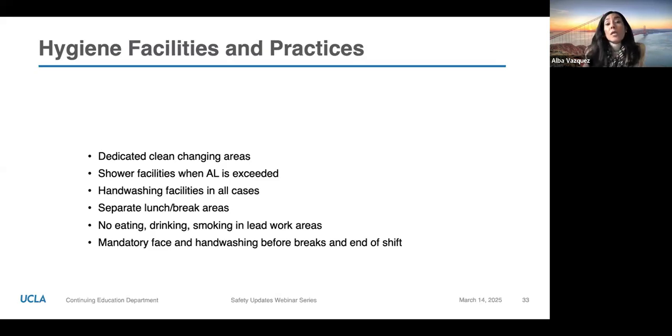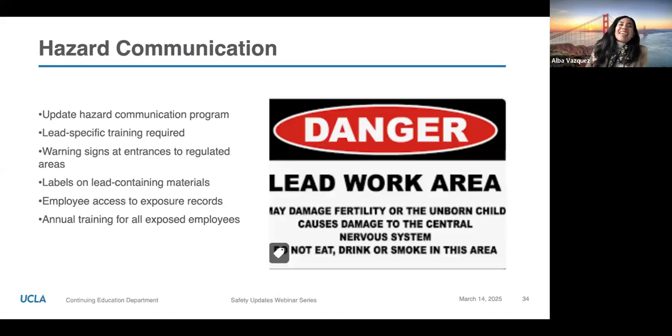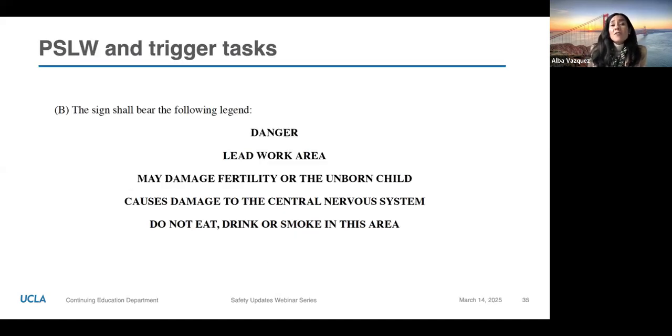Separate lunch break areas, no eating, no drinking, or smoking in lead work areas, regulated areas, and mandatory. I just said that. I repeated it. Okay. Hazard communication is in the regulation, although hazard communication is a separate standard that says, hey, if you're exposing them to any chemical that is hazardous, talk to them about it, explain the safety data sheet, make sure there are warning signs at the entrances, and the warning signs or labels have to have this specific language: lead work area, may damage fertility or the unborn child, causes damage to the central nervous system.